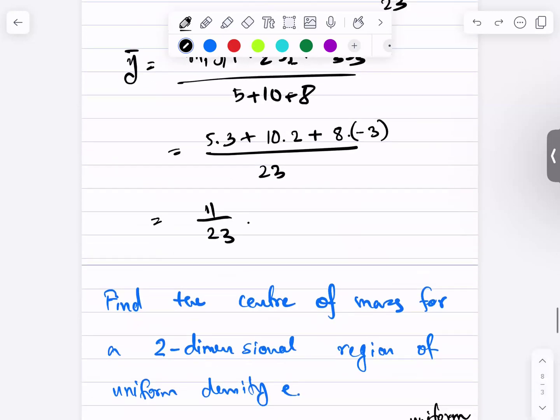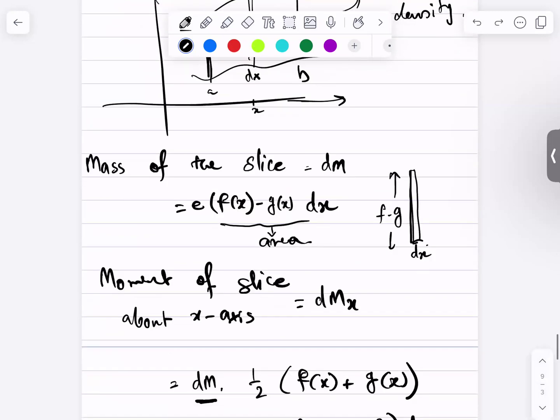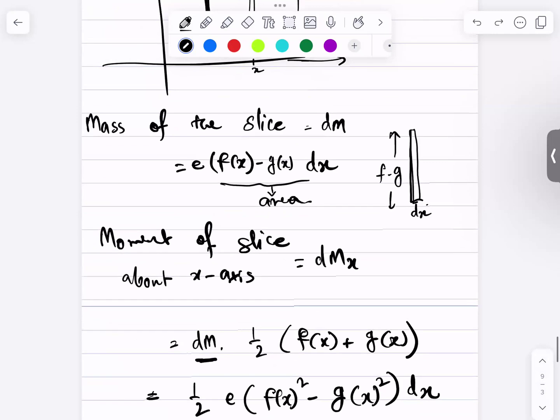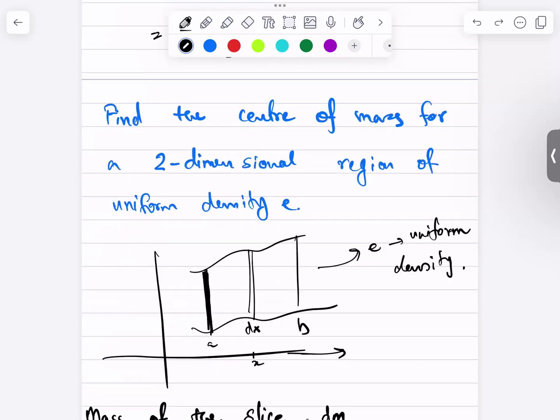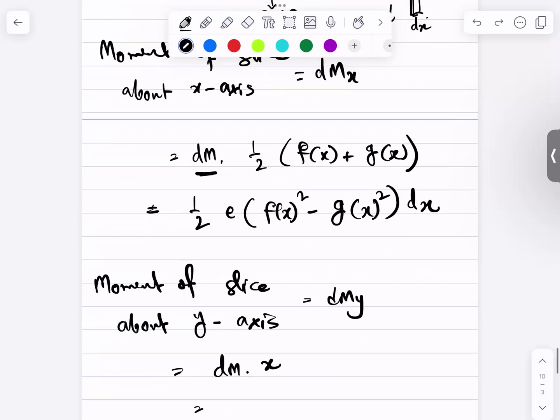So here also, when you consider the moment about the x-axis, you consider the distances, like this, about different slices. Okay, this is a little bit hard to visualize, but I hope you understand.